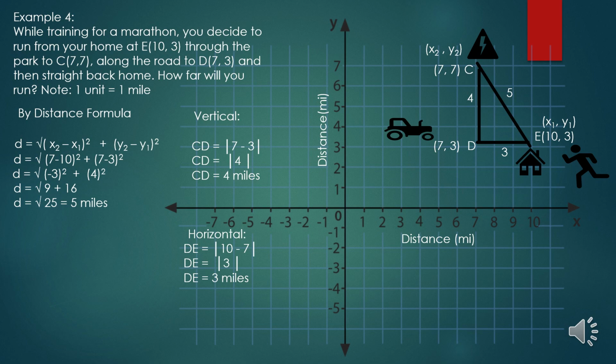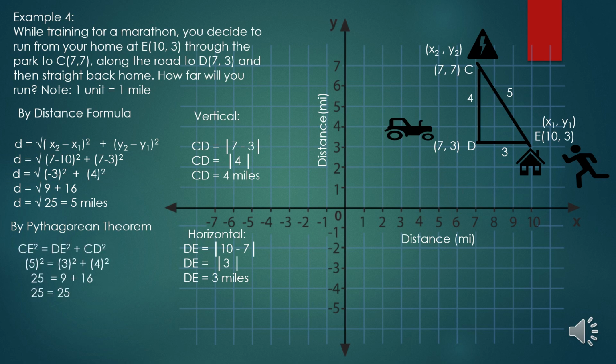As you can see, the running path of the runner is in the form of a right triangle. So we just add the 3 sides of the right triangle, and we can determine the total distance covered by the runner. Or a way of checking is by using the Pythagorean theorem. As you can see, the square of the hypotenuse of the right triangle is equal to the sum of the squares of the 2 sides of the right triangle.